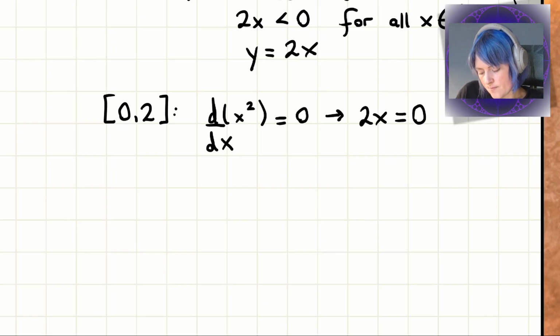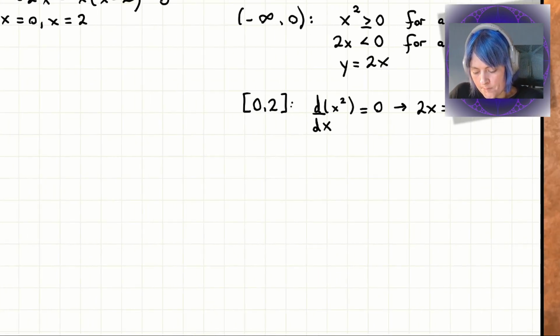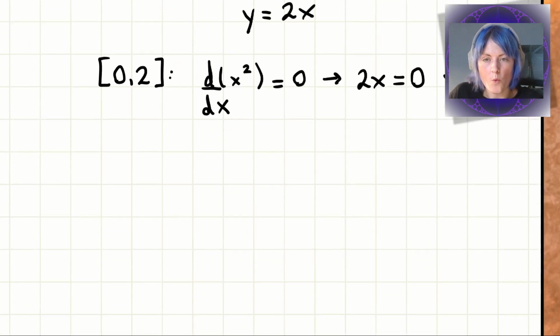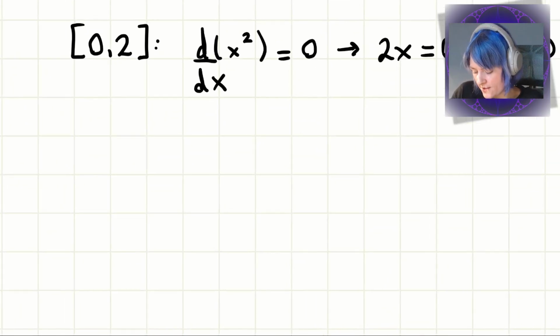The reason we want to find the critical point is really just to show that we understand what we're doing and we're not just plotting parabolas, because that's going to be part of the justification for why the parabola x squared is the minimum in this range, because its rate of change is 0, and that's right when it intersects with 2x.